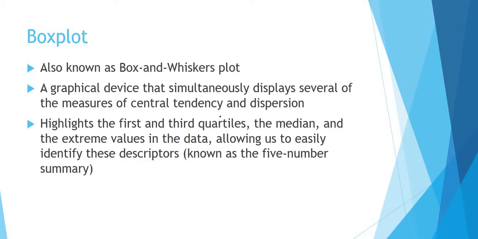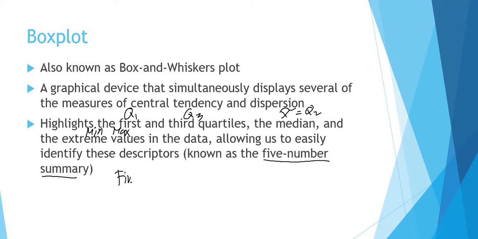Our first and third quartiles, quartile 1 and quartile 3, our median, which is also our quartile 2, and our extreme values, the minimum value, the smallest value, and the maximum value, the highest value, are what is known as our 5-number summary.